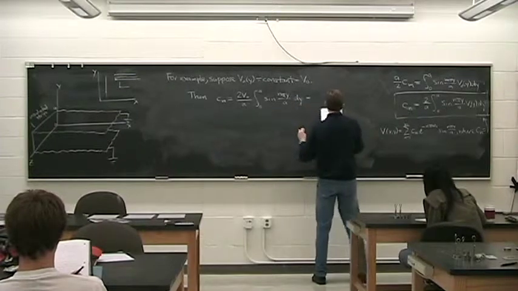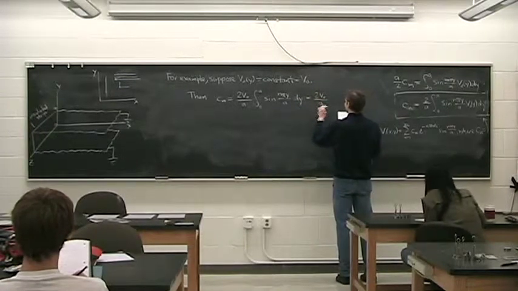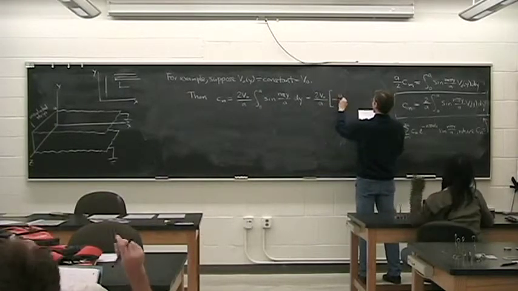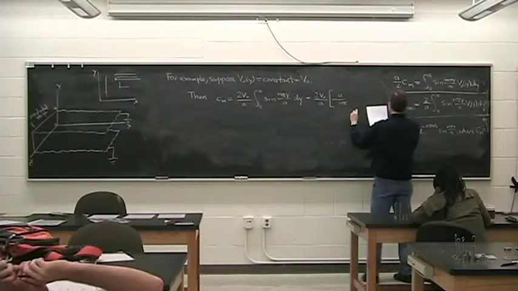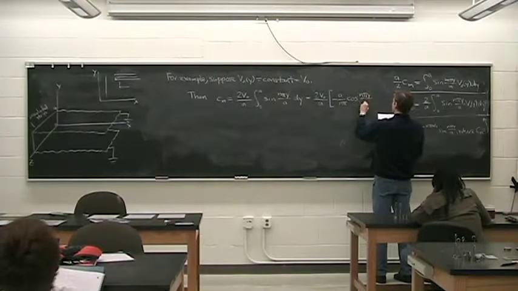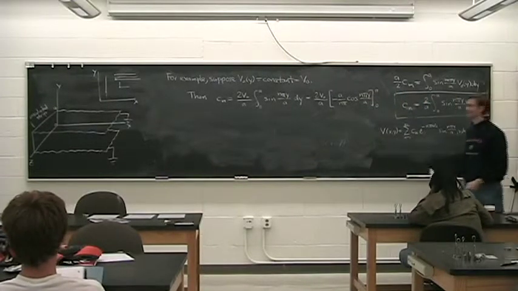Equals 2 v naught over a times minus a over n pi cosine n pi y over a evaluated between 0 and a.